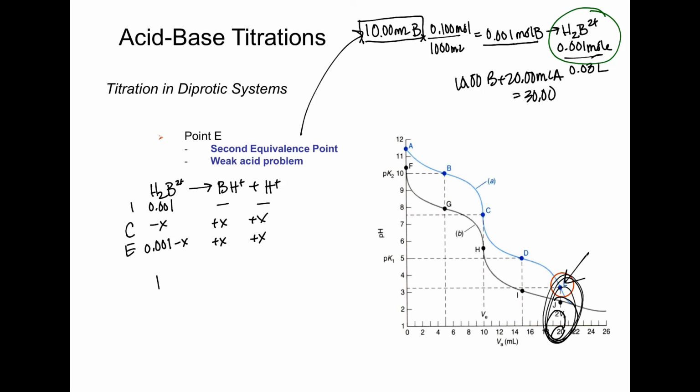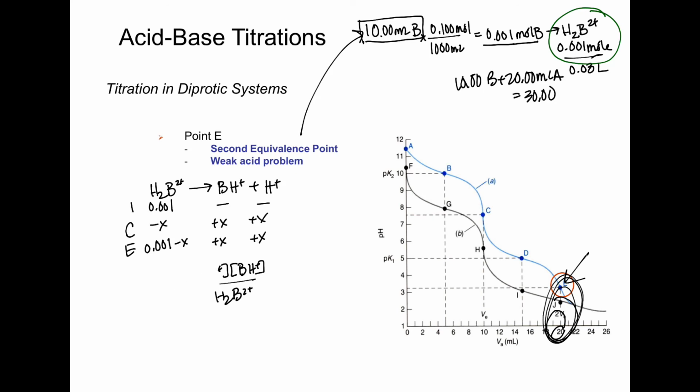If I'm going to put this into a K expression, like I would, so Ka1, it would be, let me back that up, the hydrogen ion concentration times the conjugate base over the acidic form, like this. Now each one of those is a concentration, and so I should probably account for that dilution, that volume, before I put them into the equilibrium.